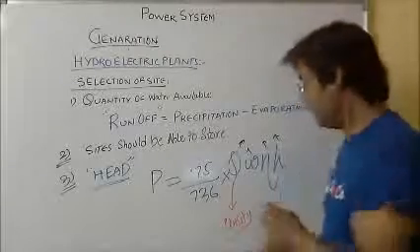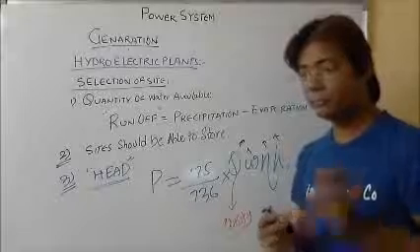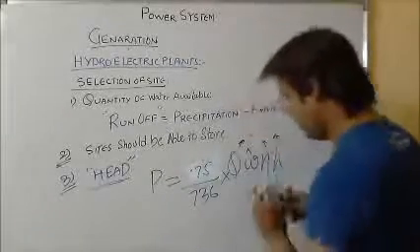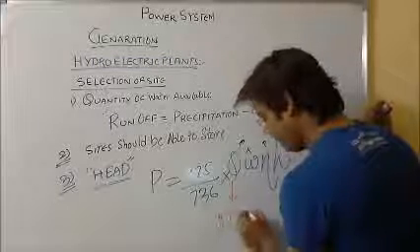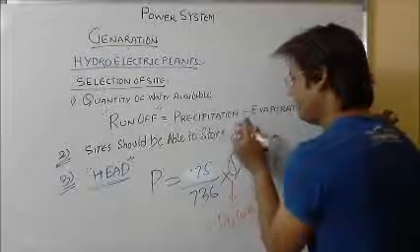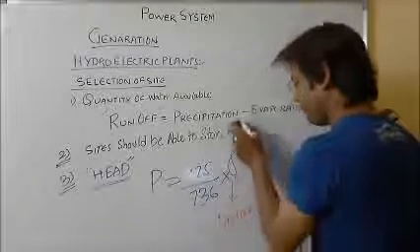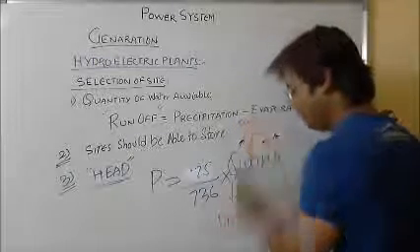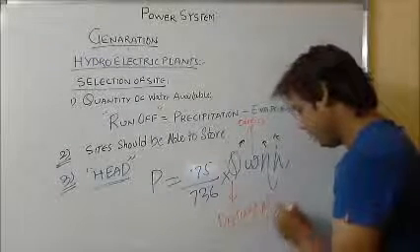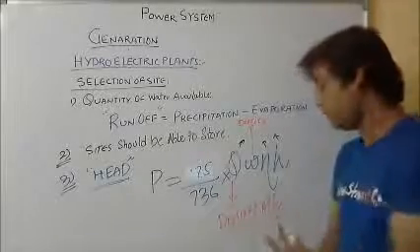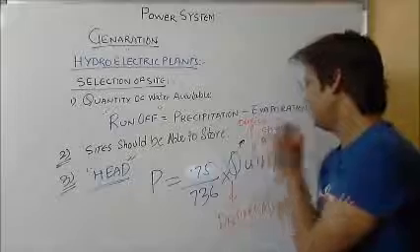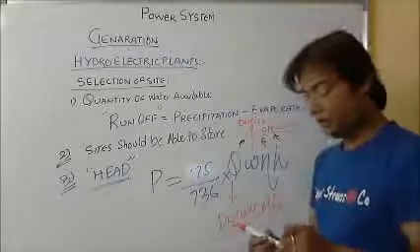N is the efficiency of the plant, and H is the head of the plant.